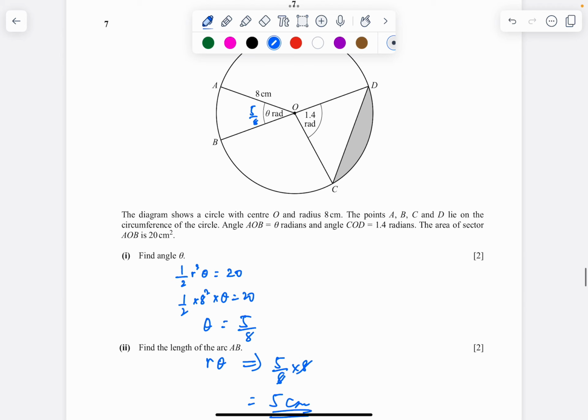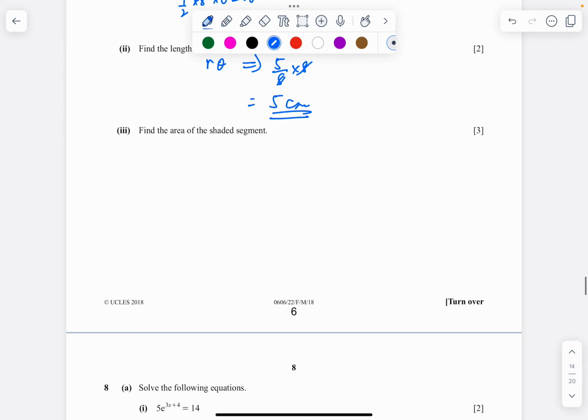So how do we find the area of the shaded region? Find the area of the sector, find the area of the triangle, then you can subtract one from the other.